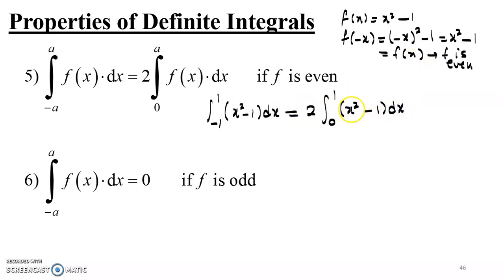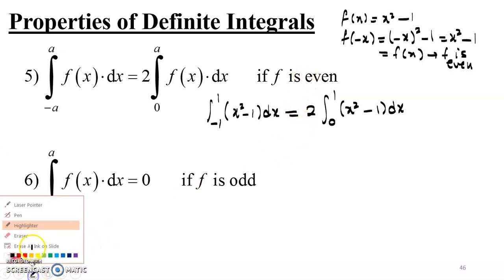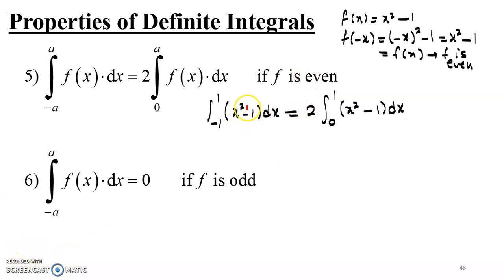And we just evaluate the integral of x squared minus 1 between 0 and 1 and then multiply it by 2. Now I'm going to evaluate both sides in order to show you that you'd eventually end up with exactly the same answer. If I were to start with the left-hand side, that is 1/3 of x cubed minus x between negative 1 and 1.